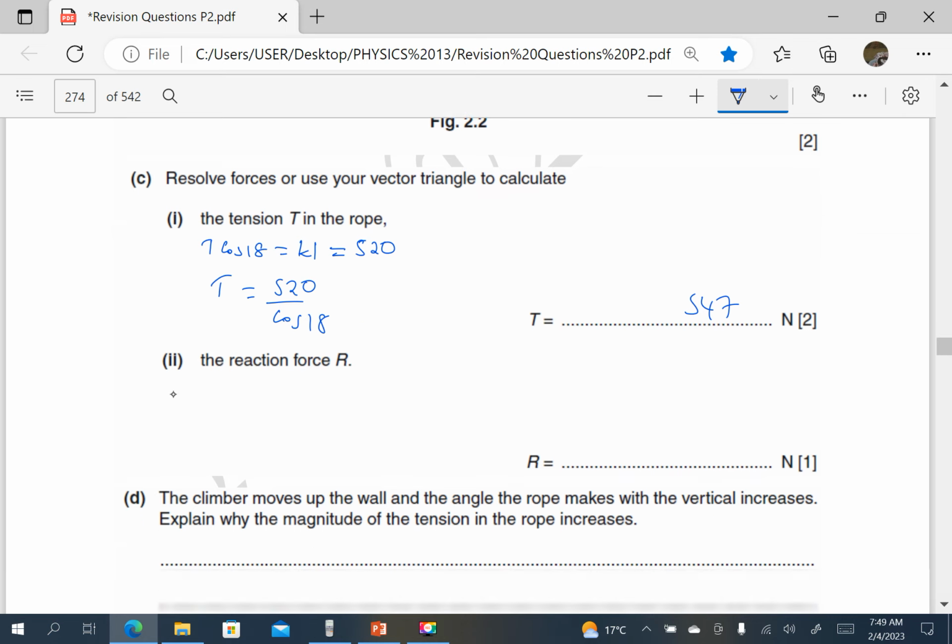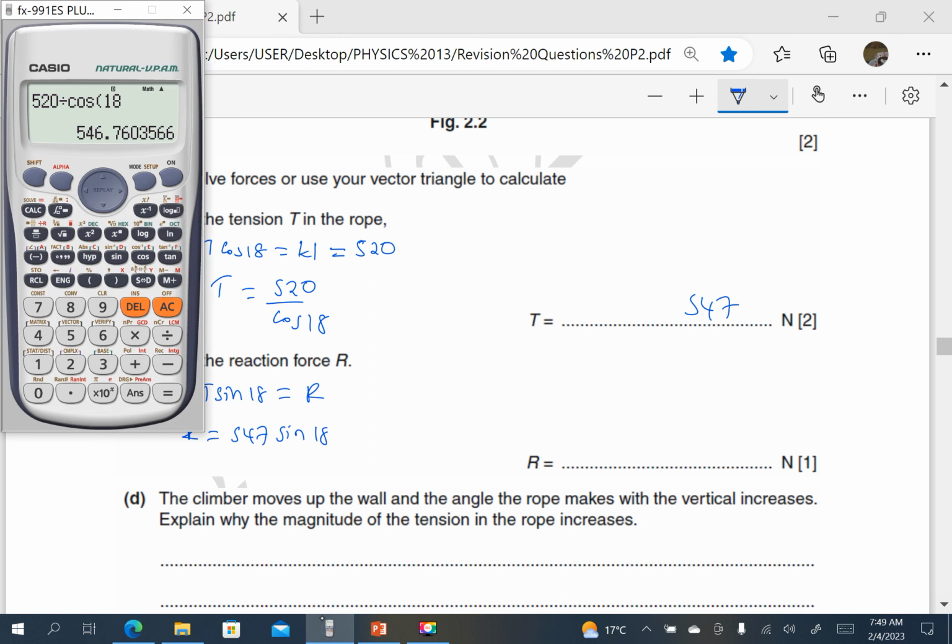Then for the normal reaction, when we resolve T in the horizontal, T sine 18 is equal to R. We have already got T, so R is going to be 547 times sine of 18, which is 169.